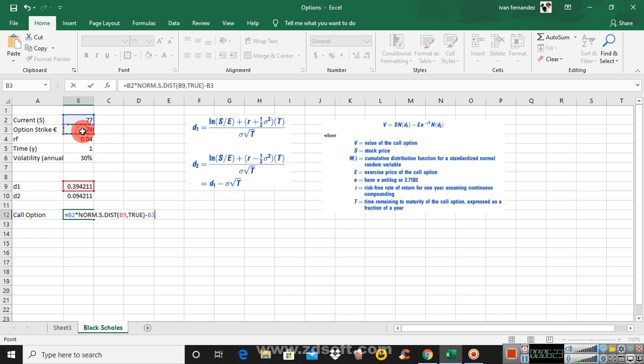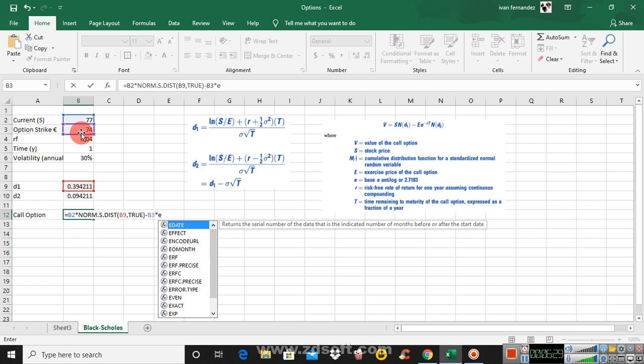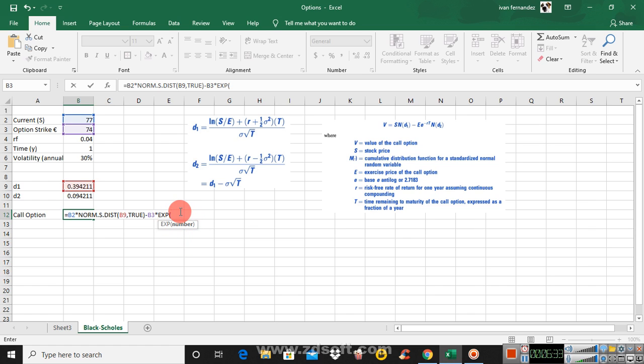Okay, you can read it here. Strike times the exponential, exp, of what number? Negative risk-free rate, negative R, times T. Close the parentheses.